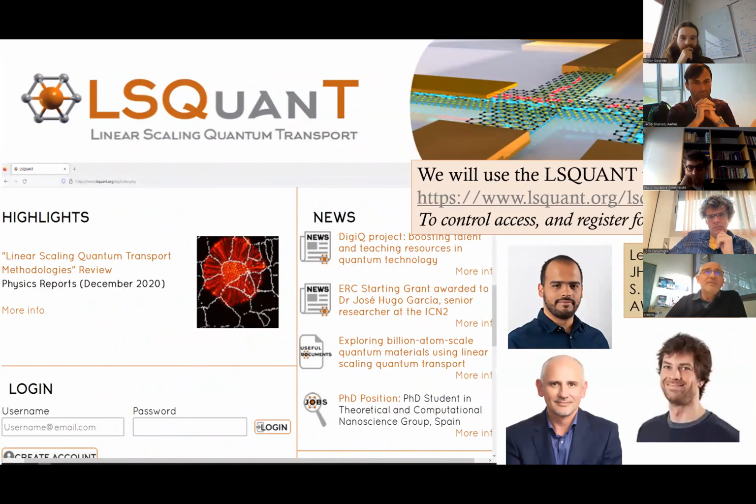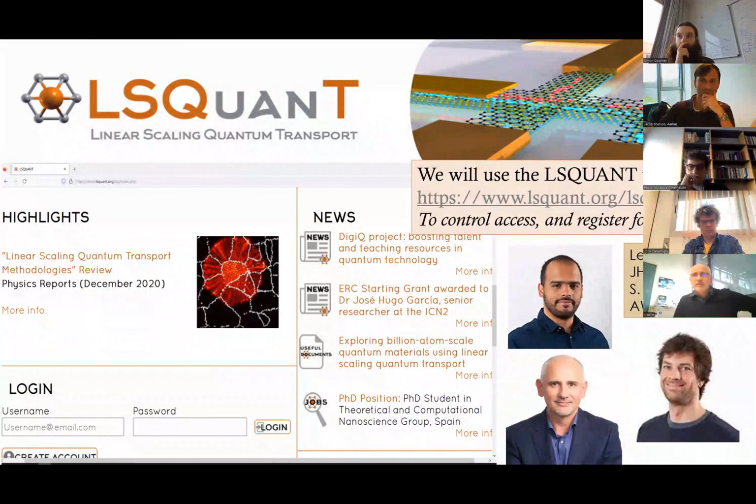We already have an online platform where we are starting to connect with a large community concerning the release and dissemination of this LS-Quant linear scaling quantum transport methodology. Linear scaling means that the cost of the computation scales just with the number of orbitals of the Hamiltonian.